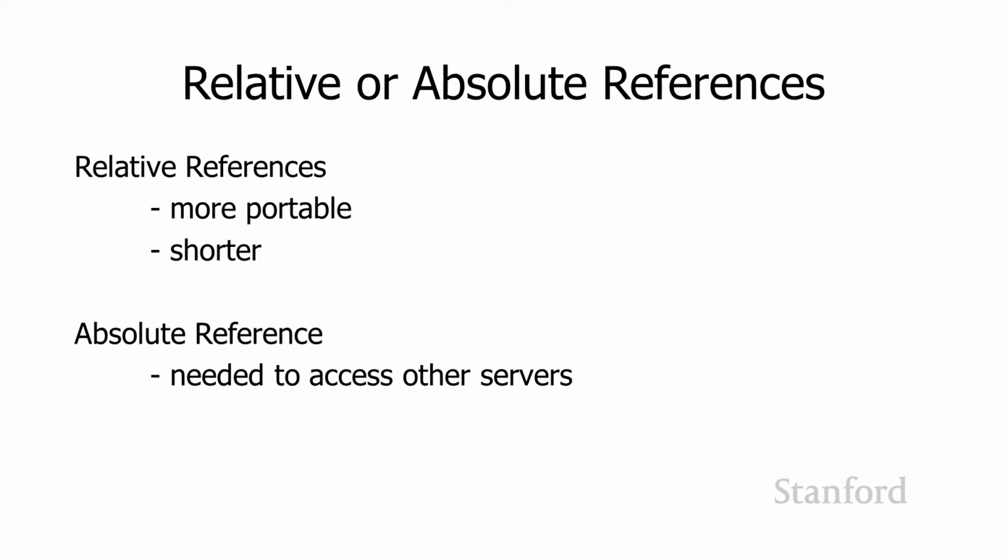And I'm just going to be bawling my eyes out because Harvard's good, but it's not Stanford. And so by using those absolute references, moving it from one server to another, I've completely broken every single reference.